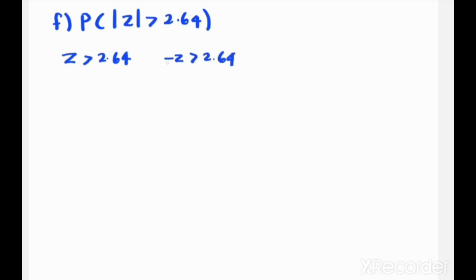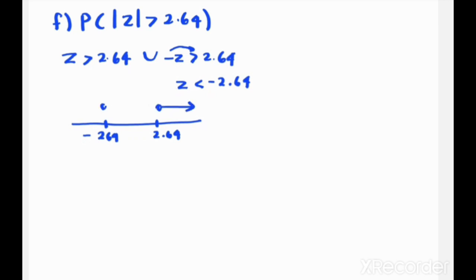Between these two, because it is greater than, it is a union. Because it is negative Z, we change the sign, so we get Z less than negative 2.64. When we put it onto a number line, we have negative 2.64 and 2.64, one is positive and another one is negative, and because of the union, both.